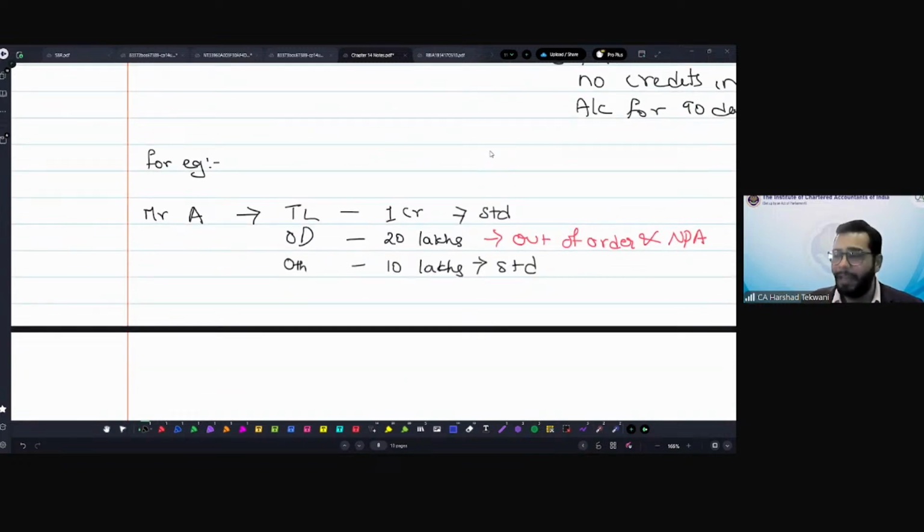Will you go with the same classification? One of the particular assets given to a customer is out of order or NPA. In that case, should I consider other assets or loans as NPA?